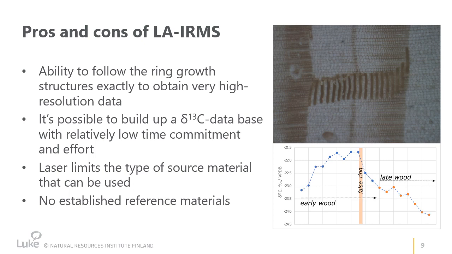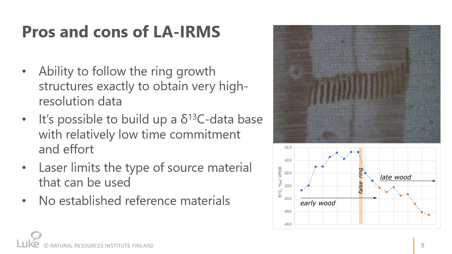On the other hand, the laser does limit a bit the type of source materials that can be used. For tree ring research, we have analyzed whole wood. This is not a large problem because there appears to be a relatively stable offset between whole wood and alpha cellulose, when alpha cellulose is what you traditionally use for tree ring research.